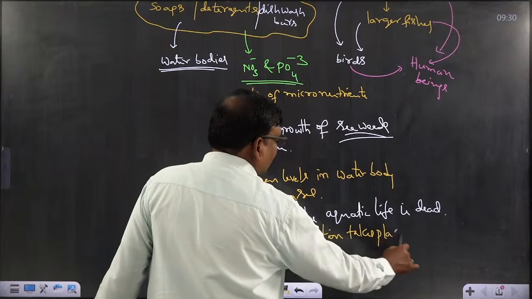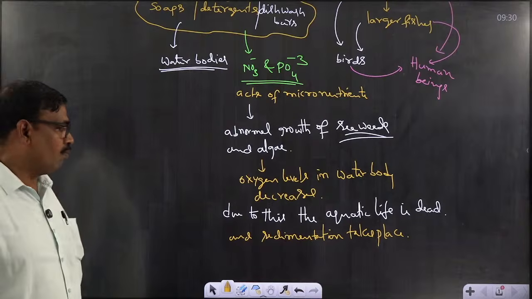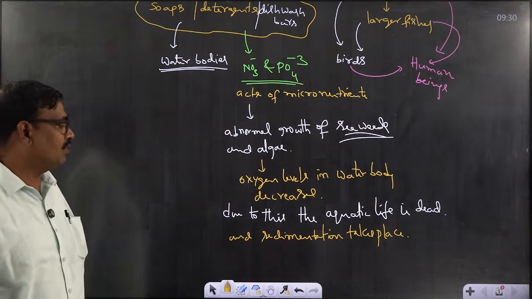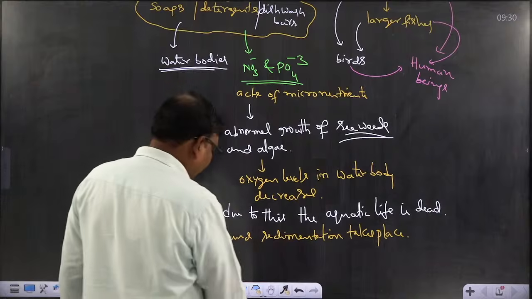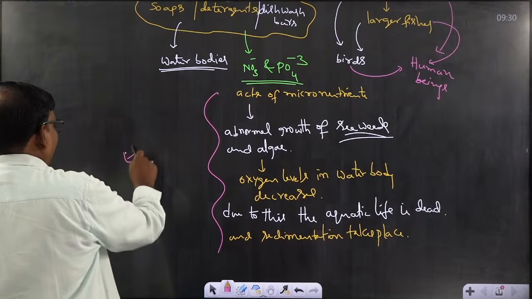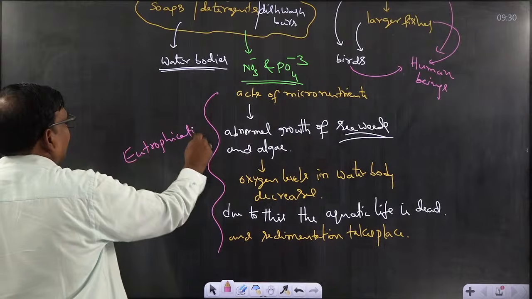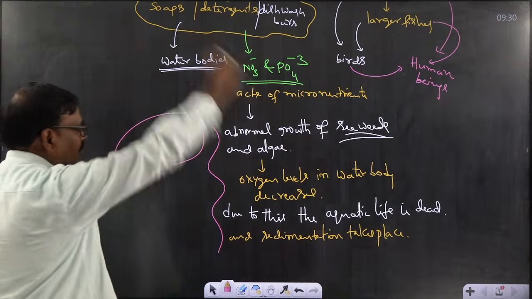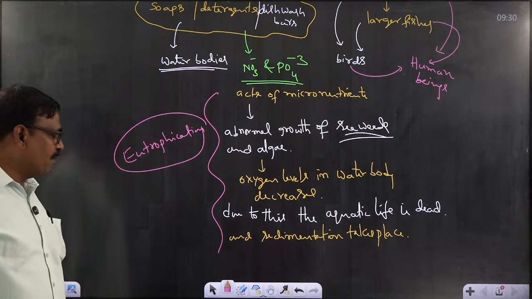Due to the drying of water, mud will be placed at the bottom of the lake, and this is sedimentation. This entire phenomenon is known as eutrophication. So, an important question about eutrophication: which is the major reason?